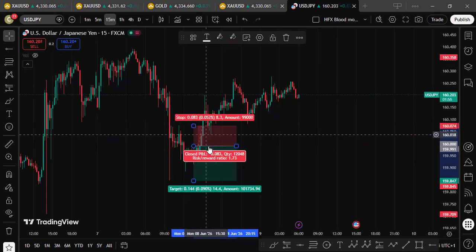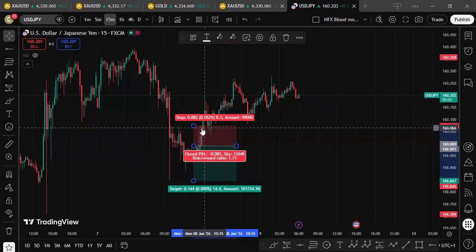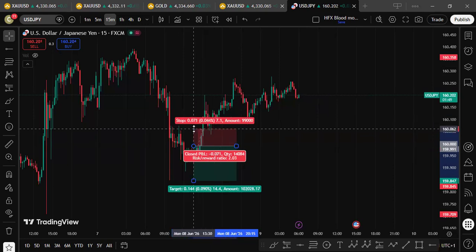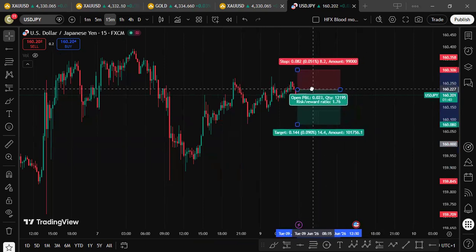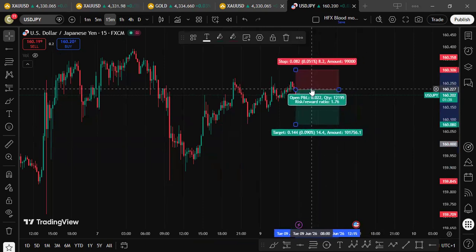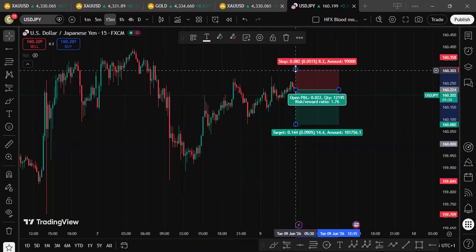Let's say you want to take a sell right here, and you are setting your SL above this high so you don't get taken out.